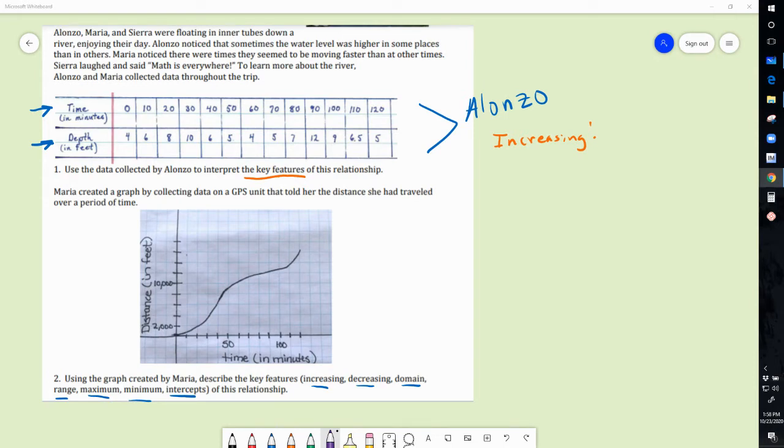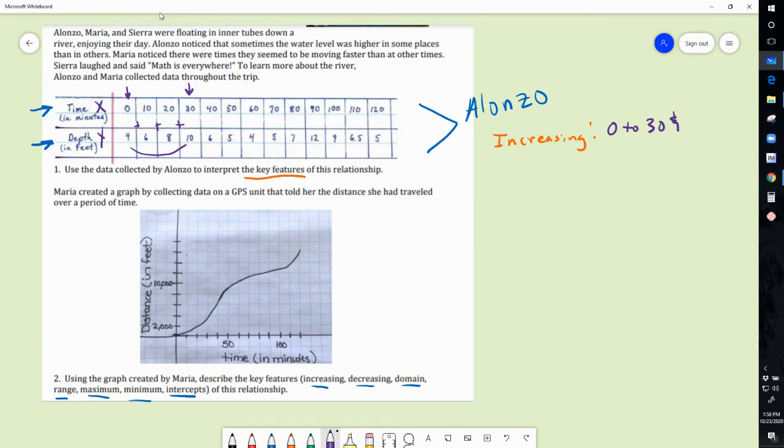Time is always X because time happens no matter what, and this has got to be our Y. So as time moves, just see, okay, I'm going up, 4 to 6 to 8 to 10. So I'm increasing all the way from 0 to 30. Those are the X values I'm increasing in because you can see my Y values are going up. So we're going to say from 0 to 30.